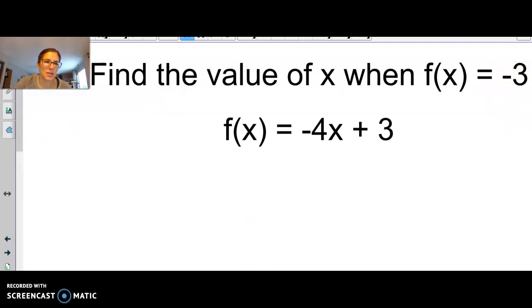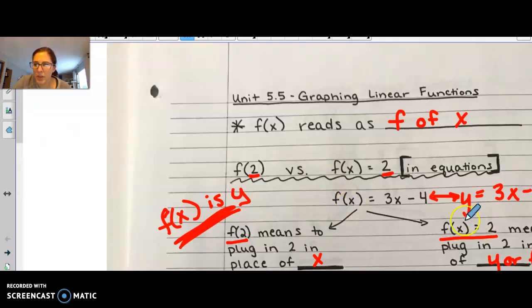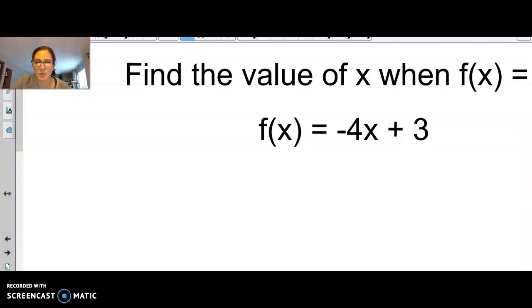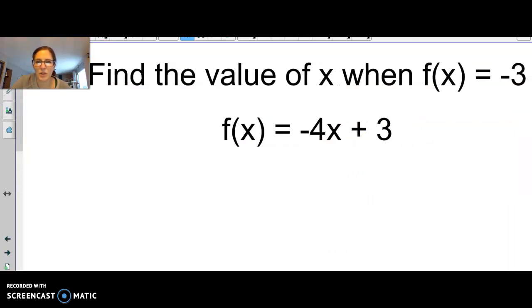So remember, like we talked about over here, when the number is outside of the parentheses, that means you're plugging it in place of Y, or in place of where F of X is. So for this one, if it says F of X equals -3, should I put -3 in place of X or in place of F of X, aka Y?